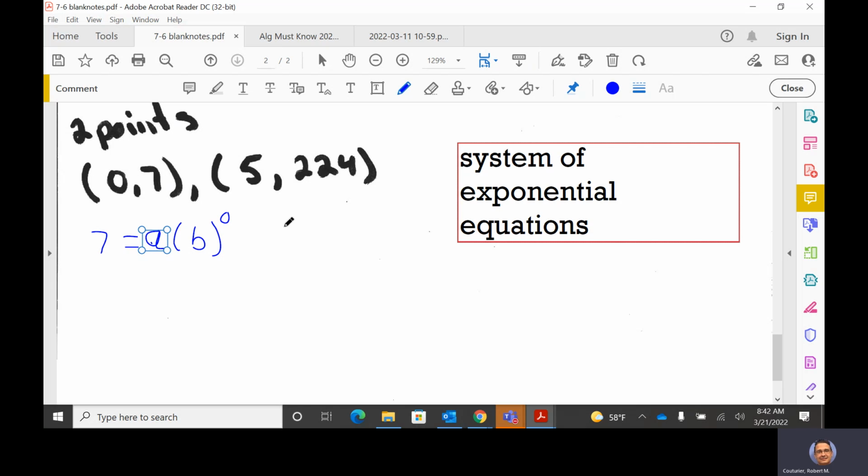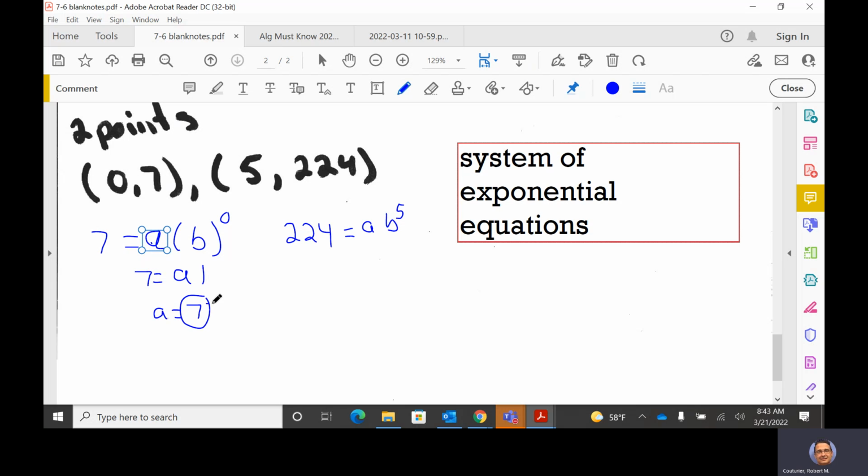Do it again. 224 is equal to A times B raised to the power of 5. Right? So anything raised to the power of 0 is 1. So that's just A. So A is equal to 7.